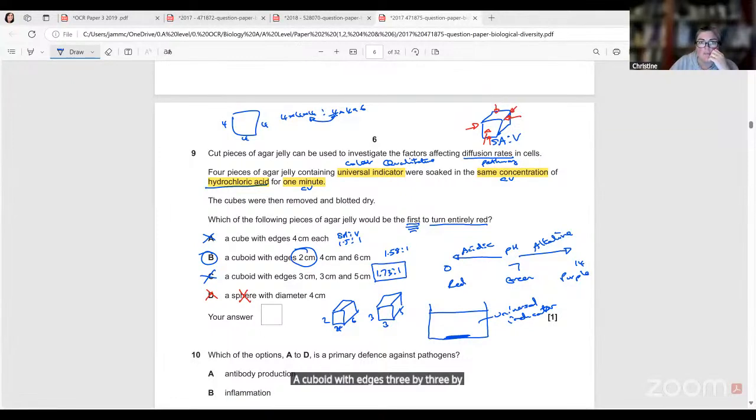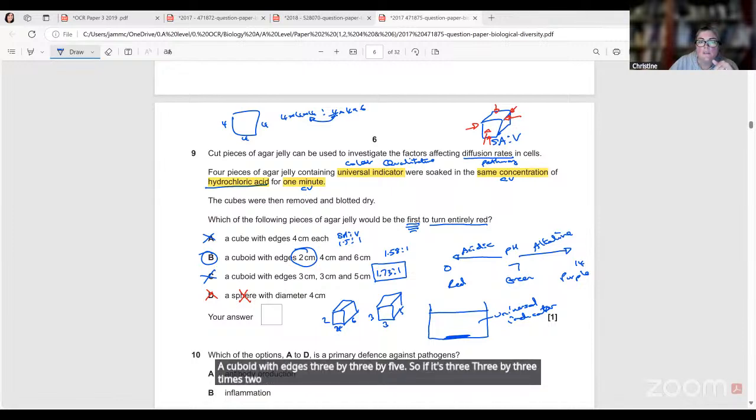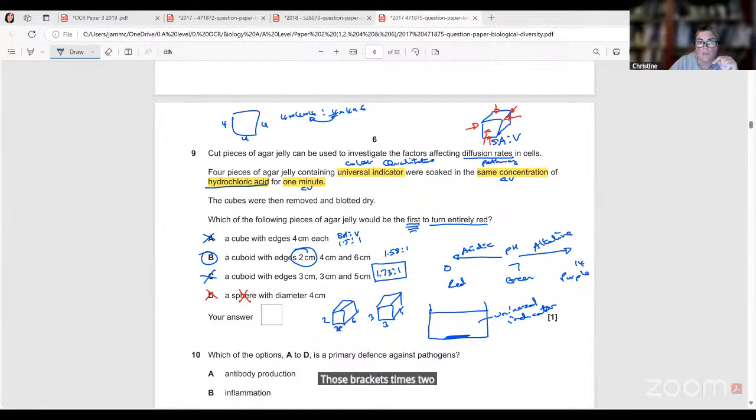So if it's 3 by 3 times 2, and then adding with that your 5 by 3, 5 by 3, those brackets, times 2. Oh, hold on, I did that completely wrong. So 5 by 3 by 2. So I got my 48.